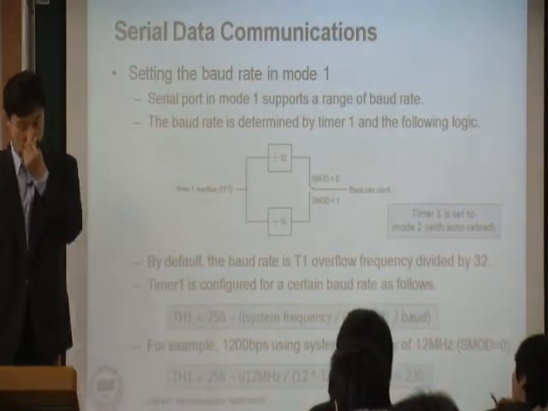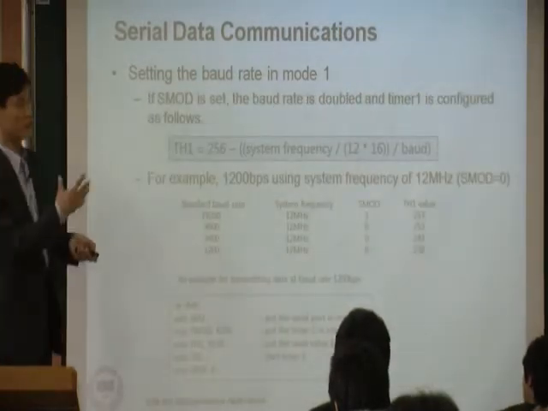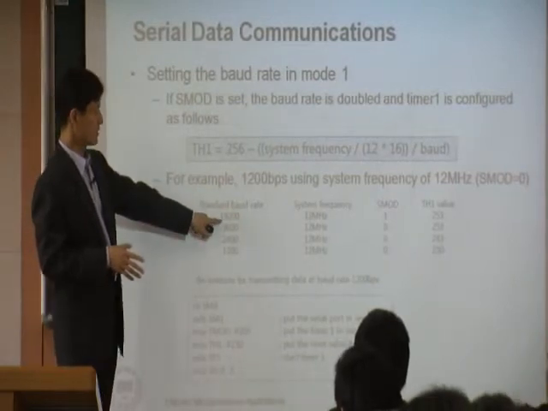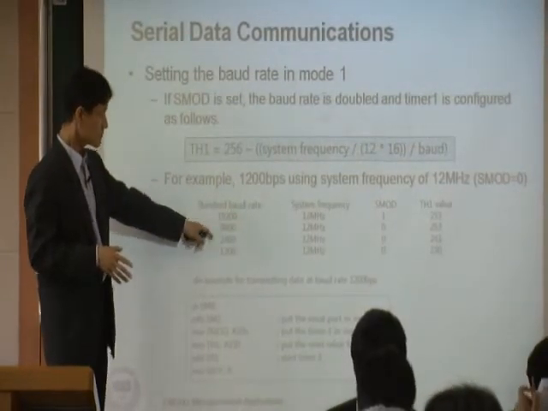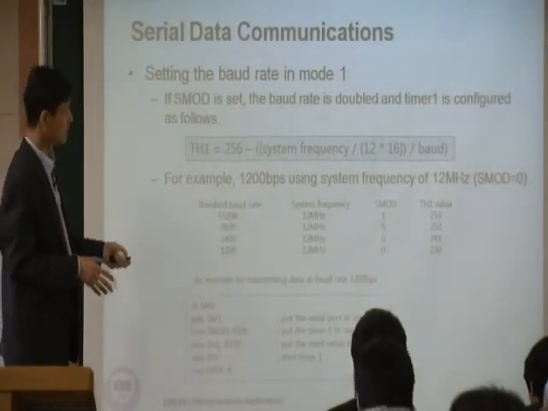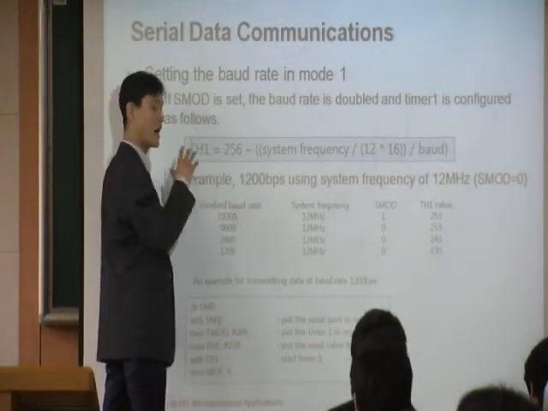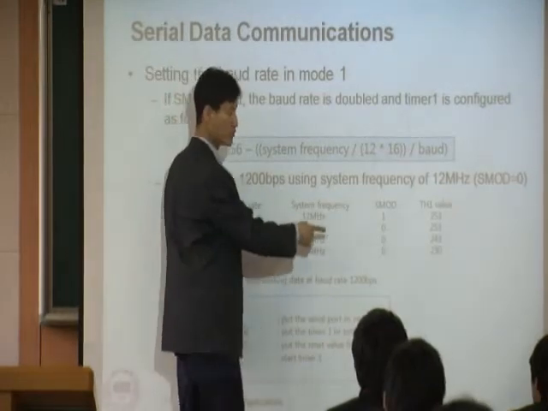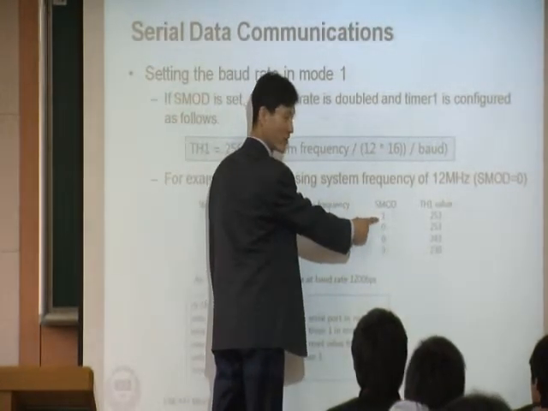But this is the case when you want to use a low bit rate, like 1200 BPS. But sometimes you may want to use a little bit higher baud rate, such as this one, 19,200 baud rate. If you want to use this kind of high speed baud rate, you want to use SMOD equal to 1. Why?